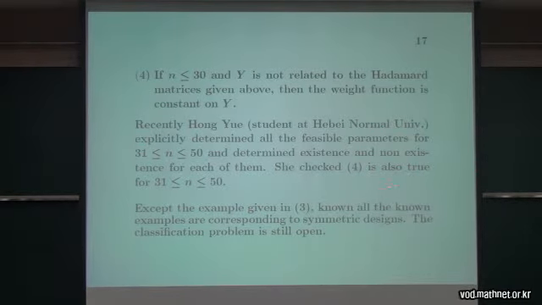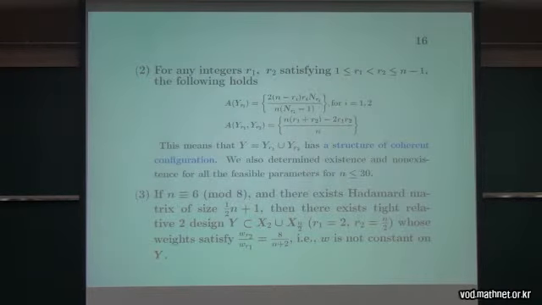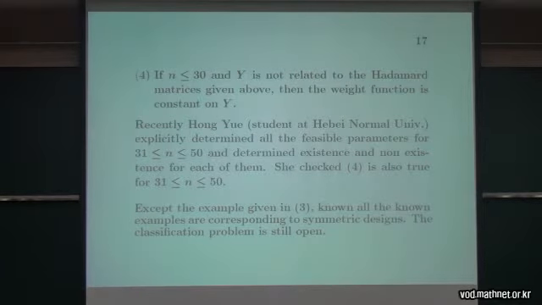So she checked this up to 50, and I think we should have something like that in general cases, but we don't have any proof for that. So this is just existence or non-existence, and we do not have any classification. The classification problem is open, and I think it is interesting to do.